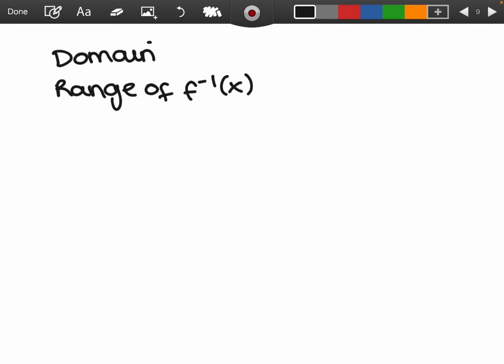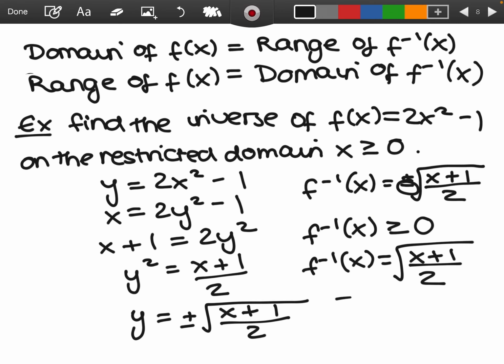So my domain and range of f inverse in this case, we can determine both of these. We know that the range of f inverse has to be the same as my domain of f of x, which we said was x is greater than or equal to 0, so my range is from 0 up to infinity. My domain of f inverse of x, let's go back and look at my function. It would be the same as the range of this particular function, but we can get it from looking at f inverse.